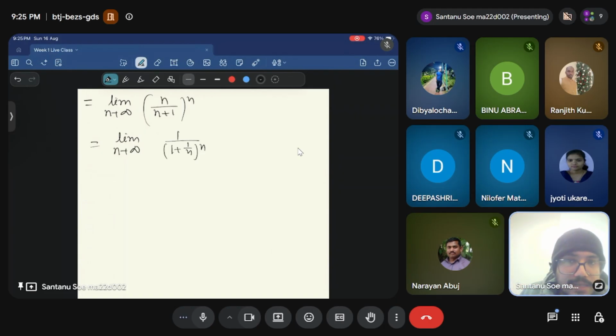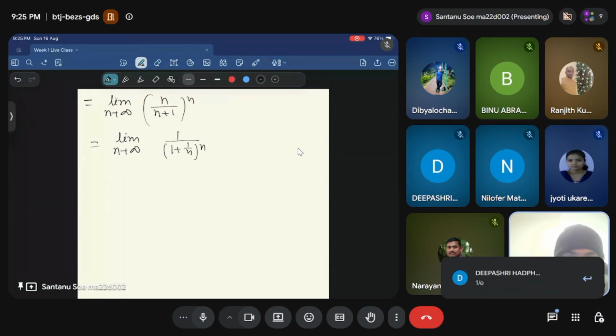Okay, so now give it a pause and try to think if you know the limit. Does anyone have any idea? This is a very famous limit, very very famous.